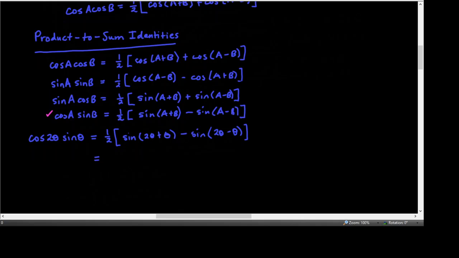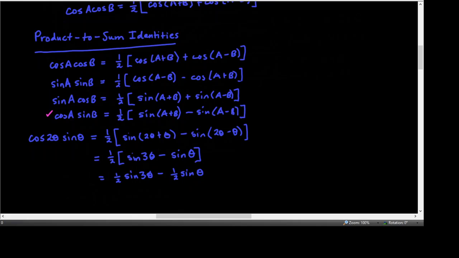And then simplifying, that's going to be 1/2 times sine of 2 theta plus theta is 3 theta, and minus sine of 2 theta minus theta is theta. And then you could distribute that 1/2 if you choose to do so. Because that is considered simpler. Do all distributions to make simpler. And there's our final answer. That's now a difference of two functions.